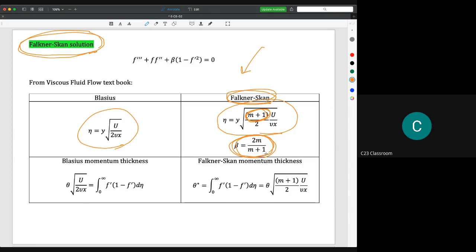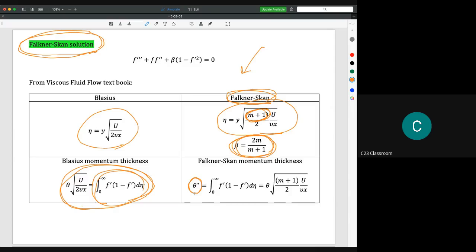I think you still remember that we calculate the momentum thickness theta by using this idea. We have f prime times 1 minus f prime and so on. The momentum thickness for Falkner-Skan is shown by theta star here, just to differentiate between the Falkner-Skan idea and the Blasius idea.